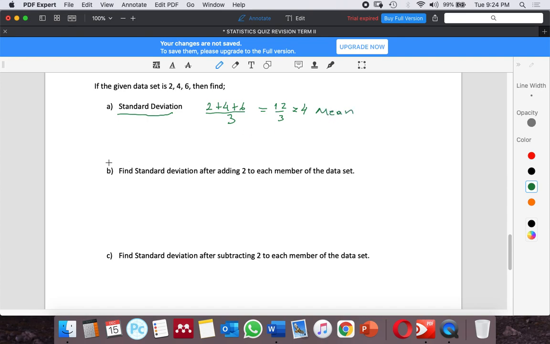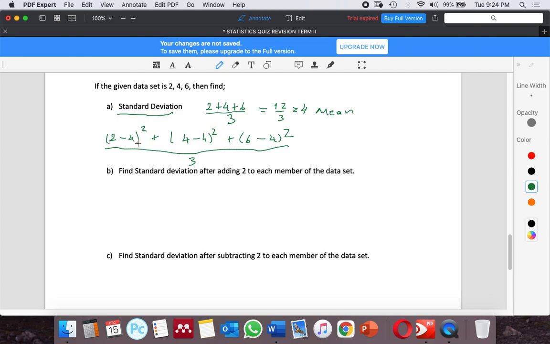And then we take the difference and its square: (2 minus 4) squared, and then (4 minus 4) squared, and then (6 minus 4) squared, divided by how many members there are. 1, 2, 3. Since this is the whole data set, it's 3. It's not a sample, I mean.